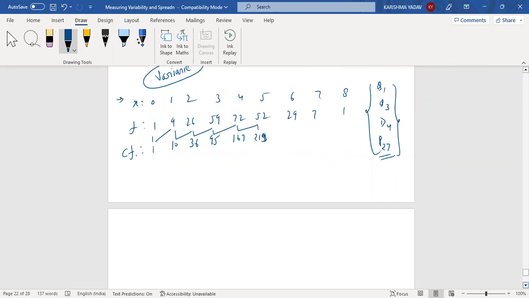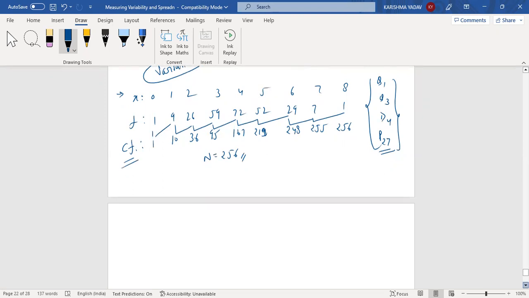Add 29 to 219, we get 248, and we add 7 to it, this will be 255, and by adding 1 to 255 we get 256. So we have n equals 256, the sum of all these frequencies. You will see why we find the cumulative frequency, as we are going to use it.